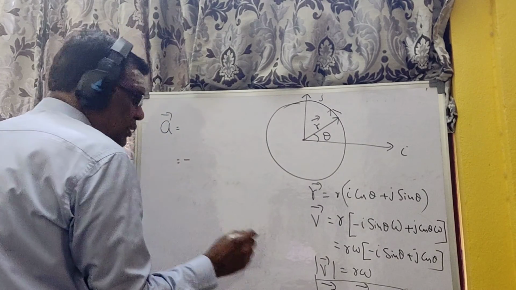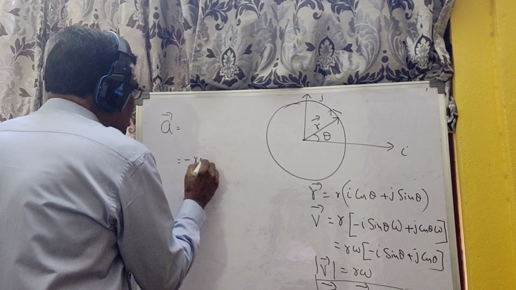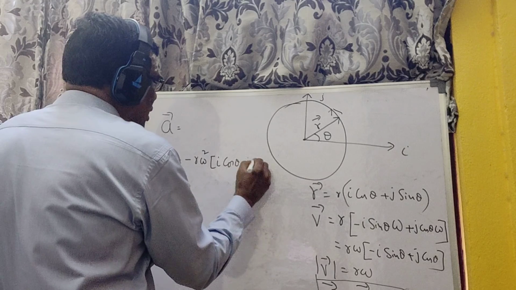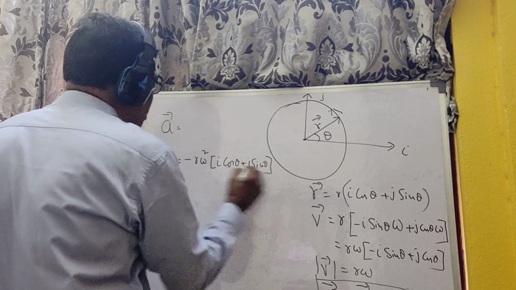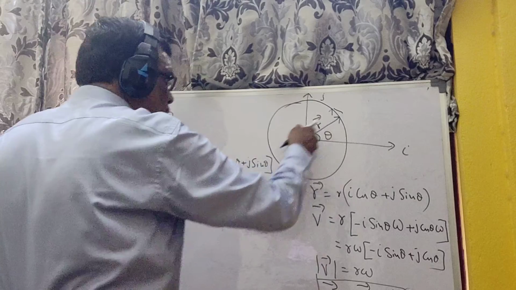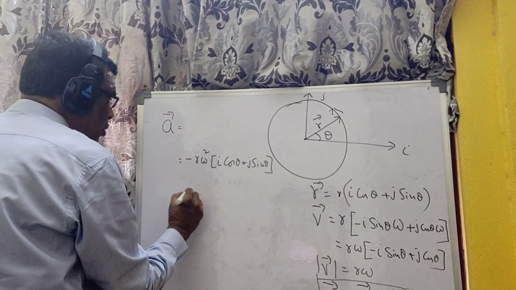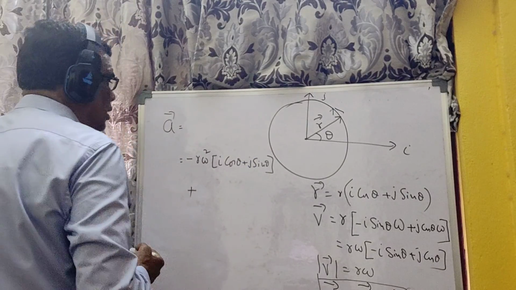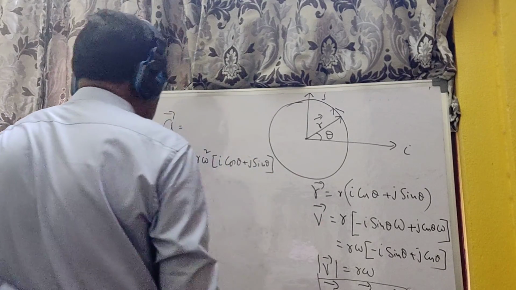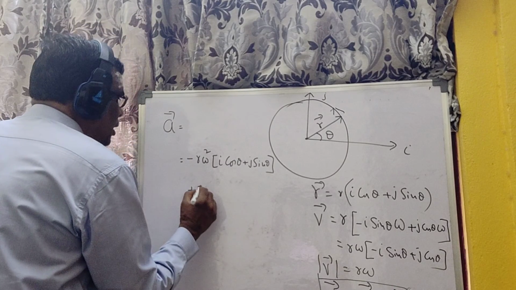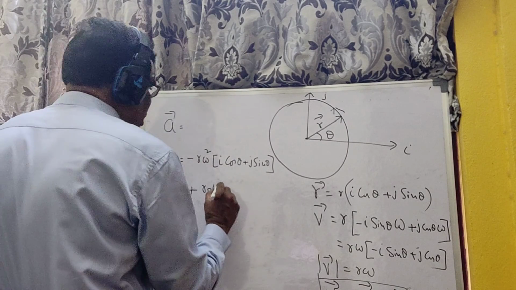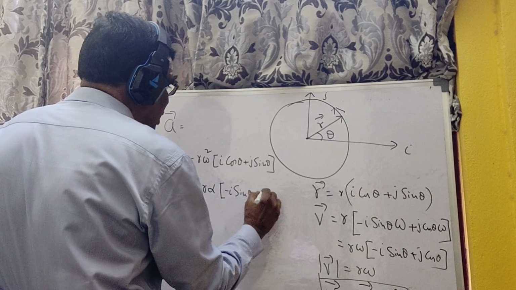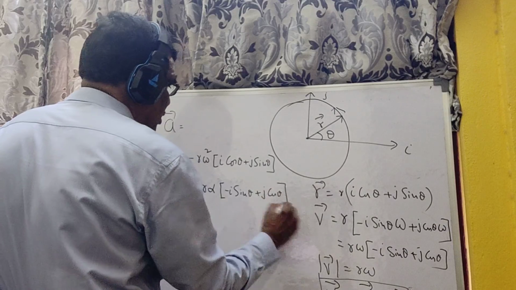The radial acceleration is minus r omega square (i cos theta plus j sin theta). Remember, the negative sign indicates it is along r cap. Then plus, next, along the velocity, we have already written r alpha (minus i sin theta plus j cos theta).